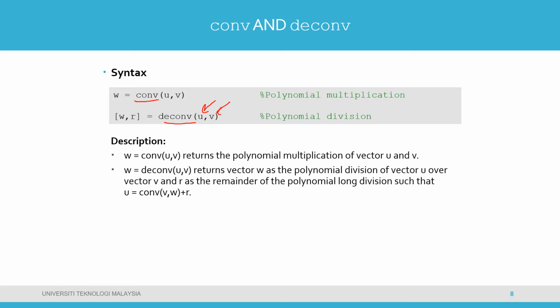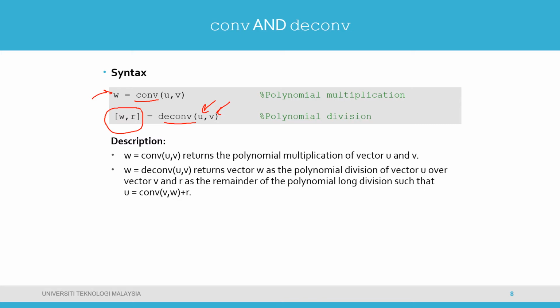For this you have to be careful, because you have two outputs. For multiplication, this is the result of the multiplication. It's simple, it's just one output. But for division, you have w and r. So what is w, what is r? w is just the result of the division and r is the residual.